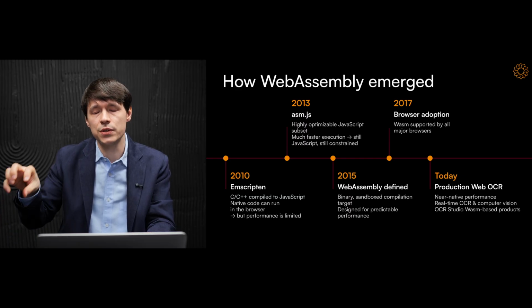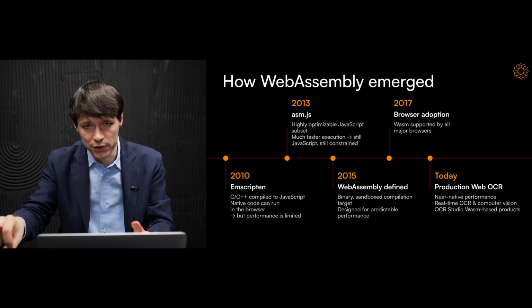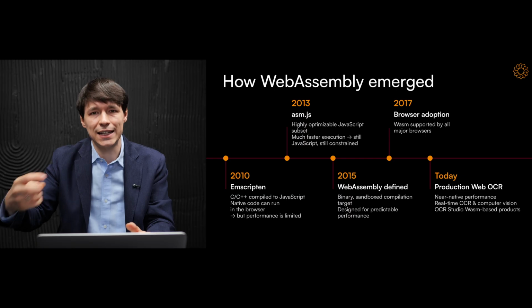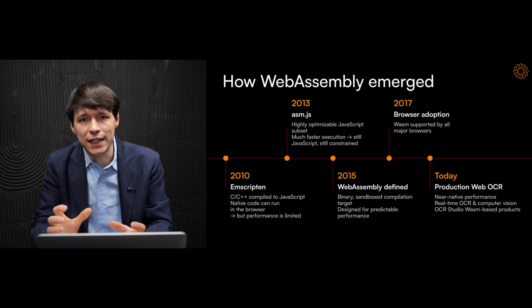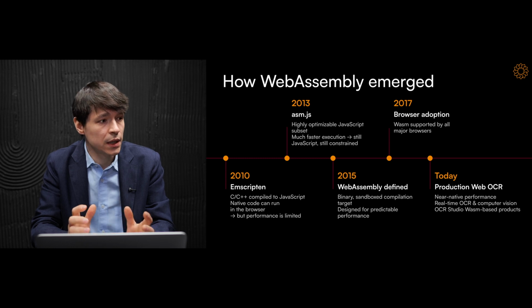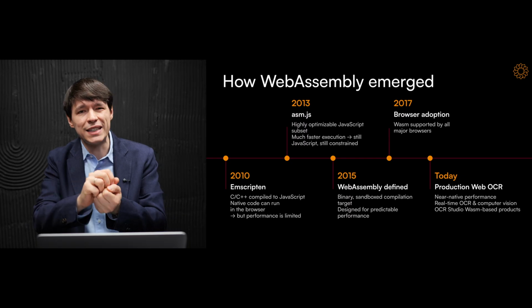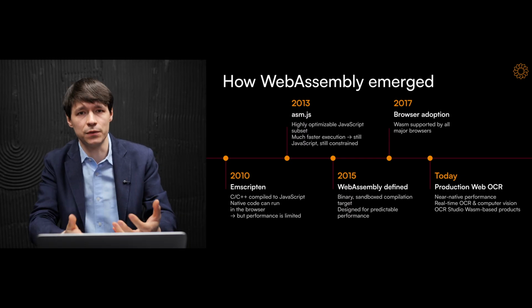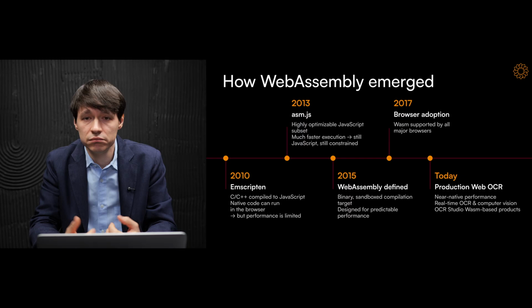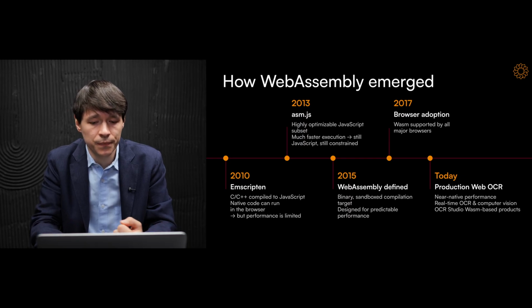And browsers didn't, and still don't, interpret this format directly. They translate it into a native execution module. Basically, they translate it to a module native for the platform the browser itself runs. And then they can execute it inside a sandbox.